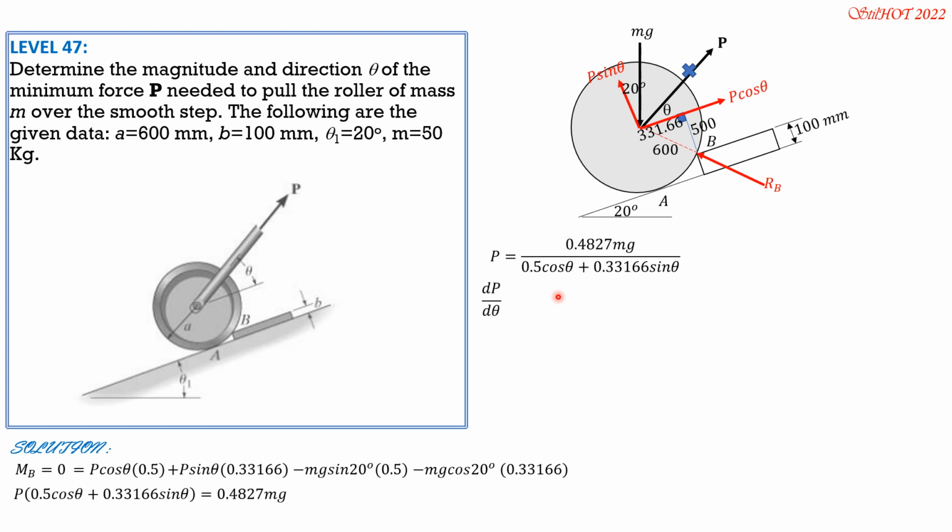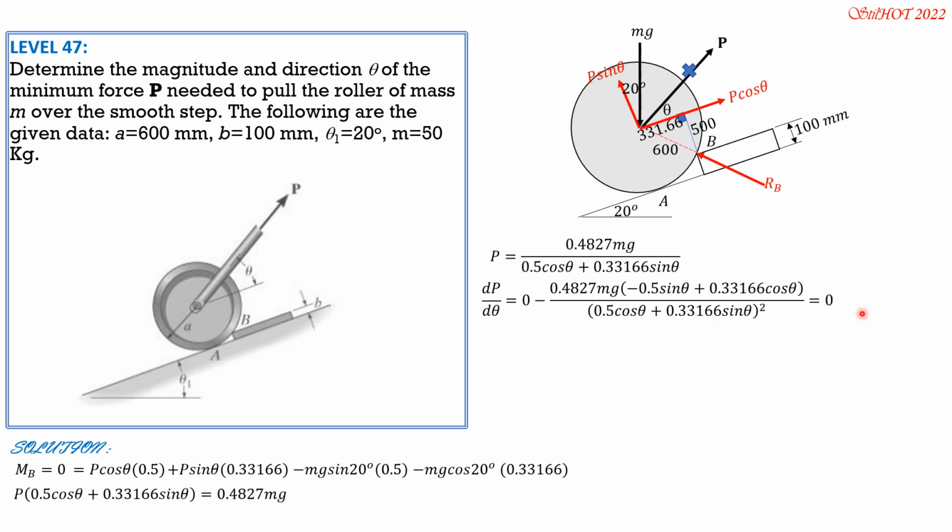So remember, the derivative of a fraction is denominator times derivative of numerator, which is 0, minus numerator times derivative of denominator: 0.5 times negative sine theta plus 0.33166 times the derivative of sine, which is cosine theta, all over denominator squared.